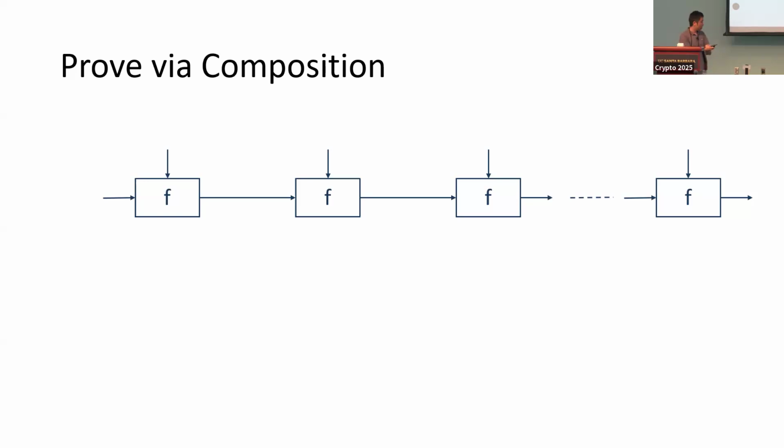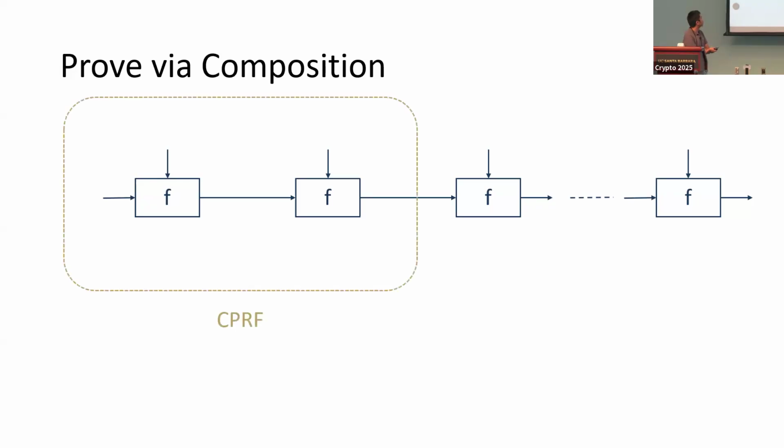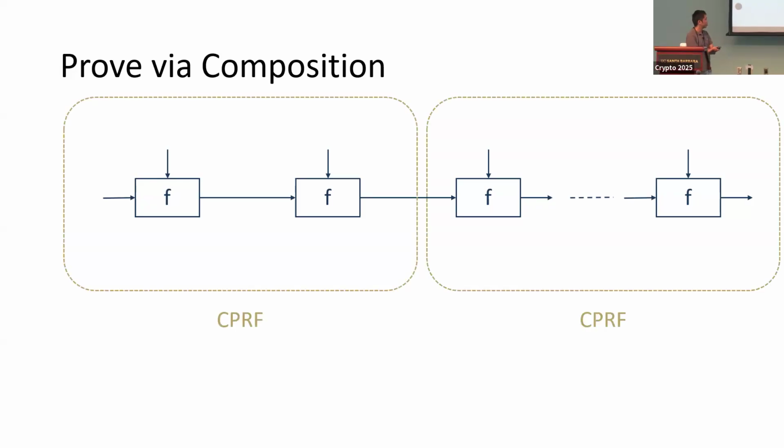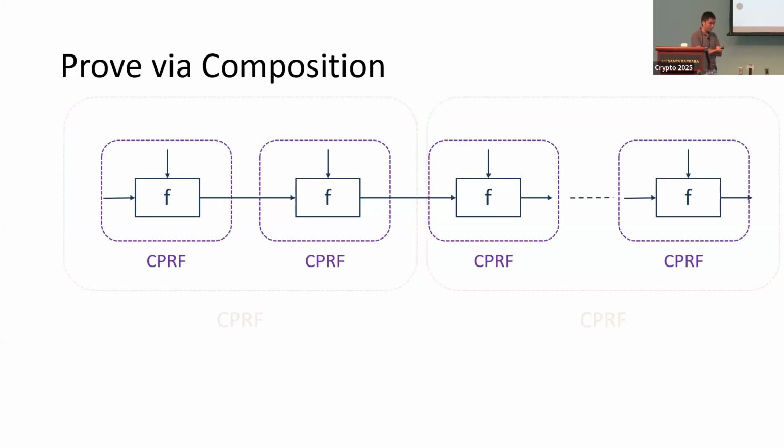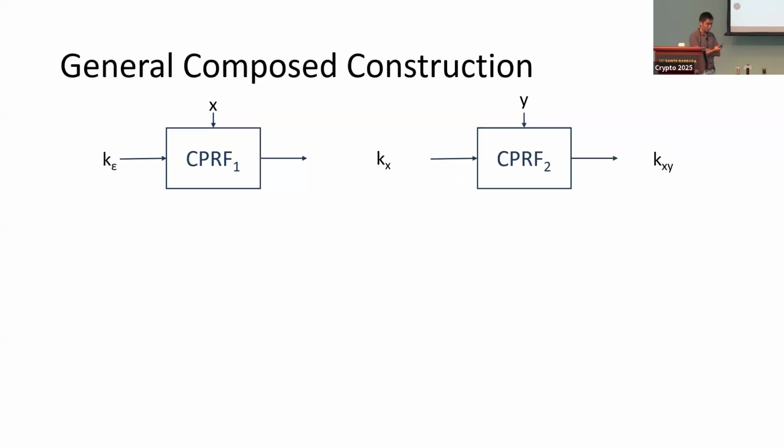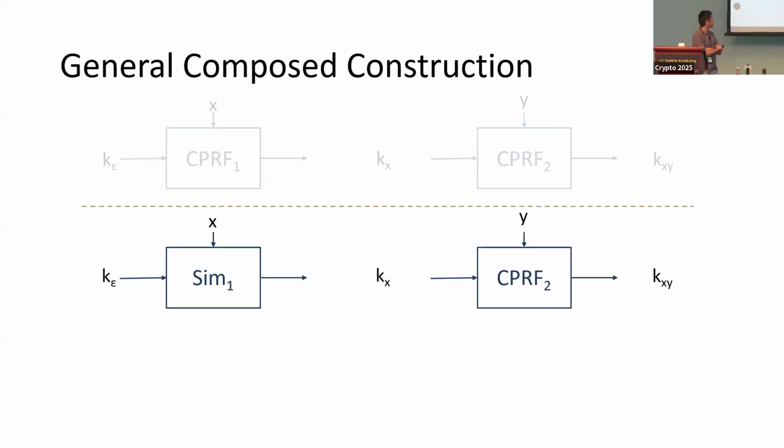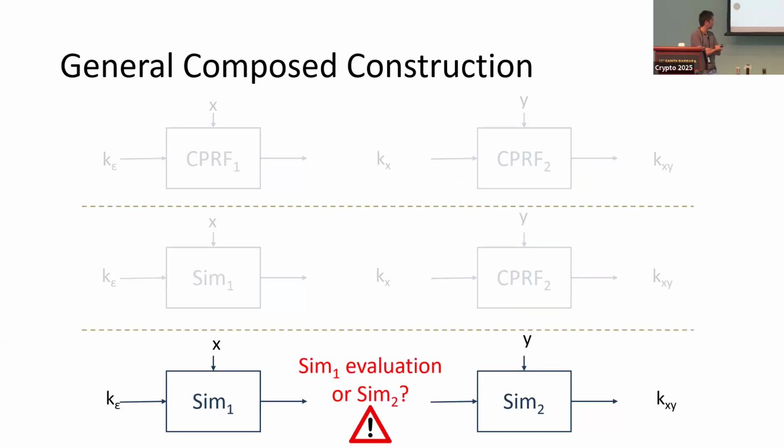So we instead found that we can draw the line anywhere to divide this constraint PRF into two smaller constraint PRFs, and so really we are looking at a composed construction. And the proof goes where we simply switch once to simulated and then the second. The catch is that for these in-between keys, there could be a race condition where you need to keep track of which simulator controls this key.